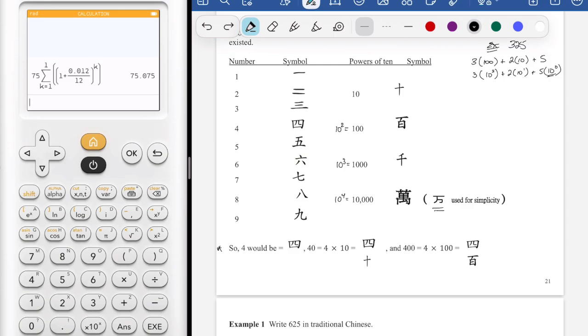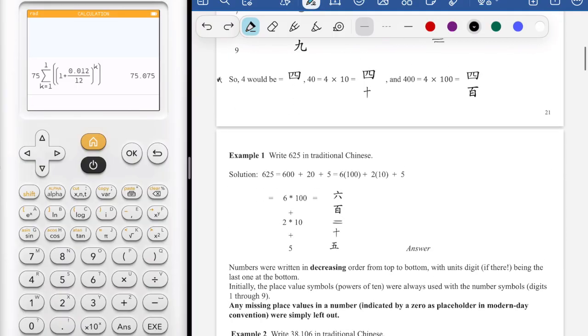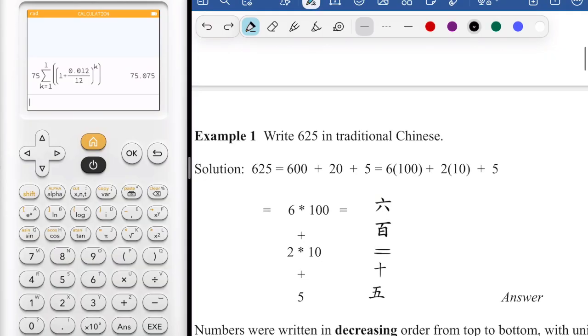All right, 400, the symbol for 4, or 4, that's weird to say, and the symbol for 100 in conjunction, organized vertically. So if I were doing 625 in traditional Chinese, I would have the 600, which is broken down into 6 and 100. All right, so we use the symbol for 6.